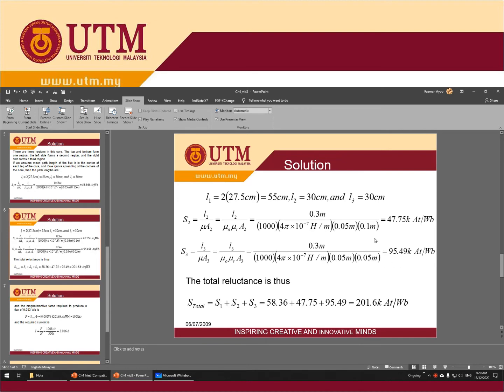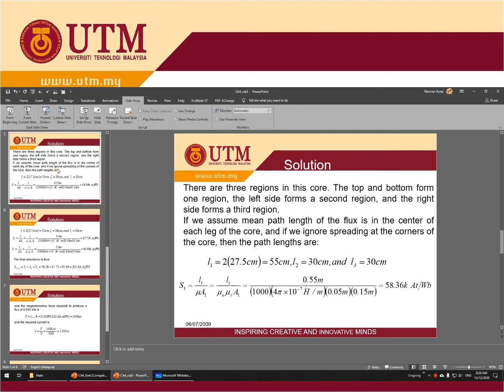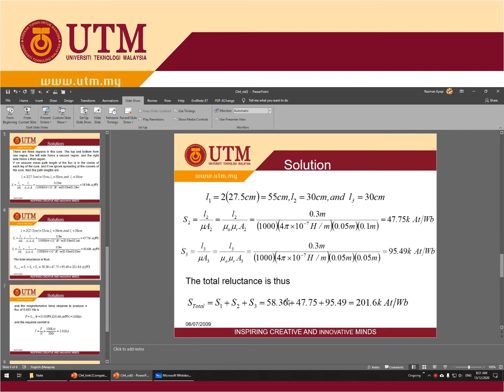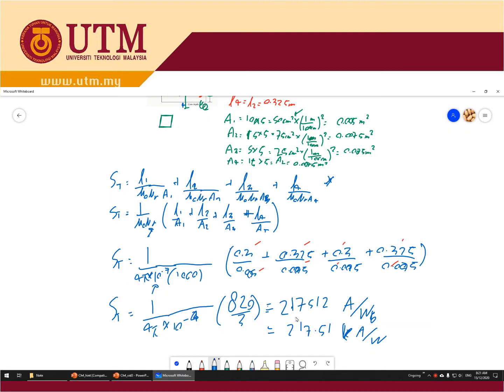It's still the correct answer, but if you take only 2 decimal points, there will be a large error at the end. This approach is much more accurate and much easier because you don't have to calculate one by one. The answer is a little bit different because of the decimal points.